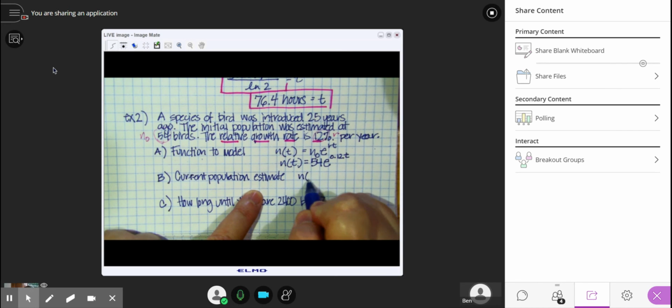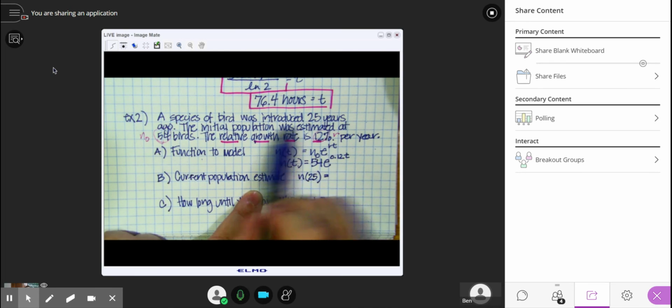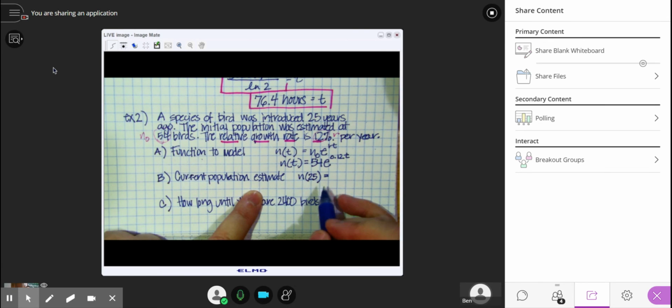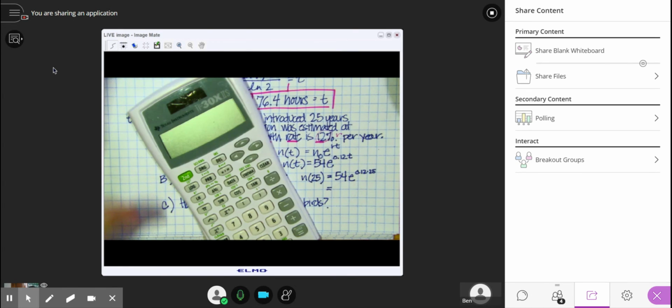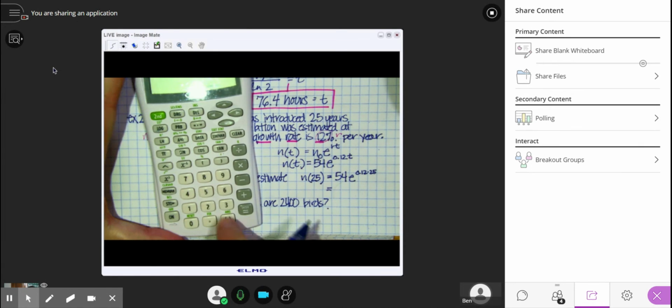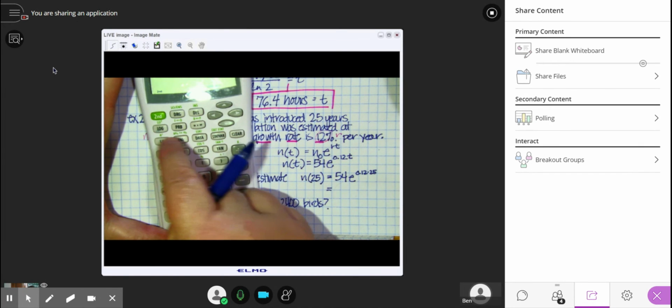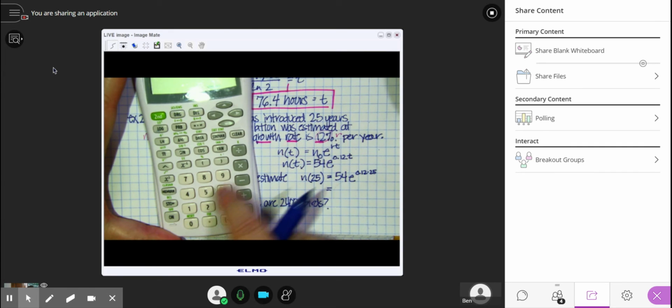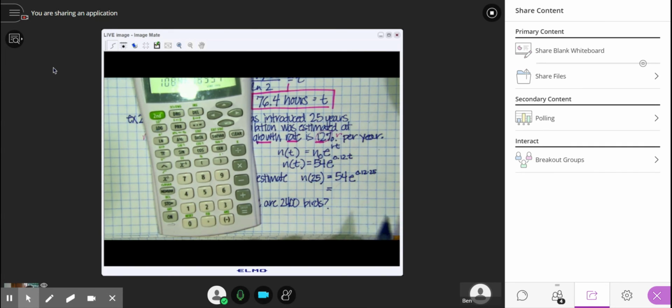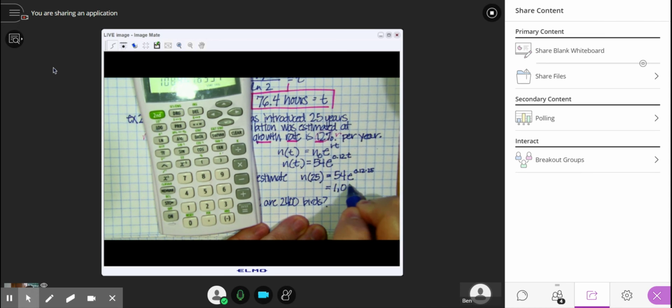So this is going to be an N of 25, because it was 25 years ago. So our current time is 25 years later. 54 e to the 0.12 times 25. So I'm going to get 1,085 birds.